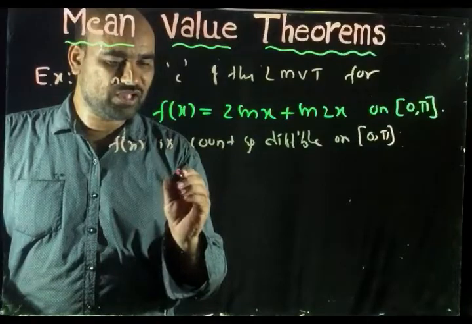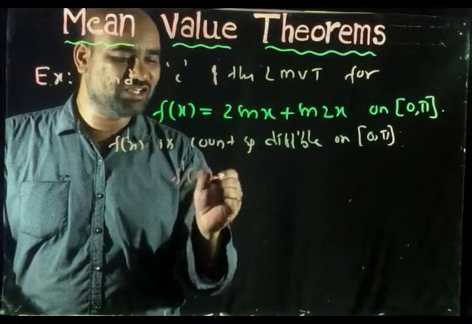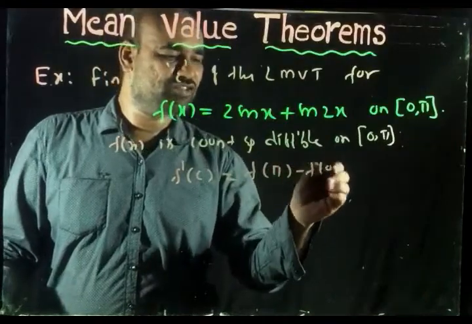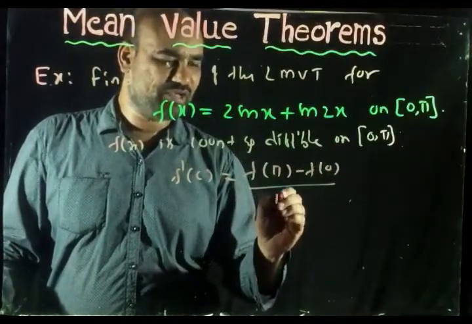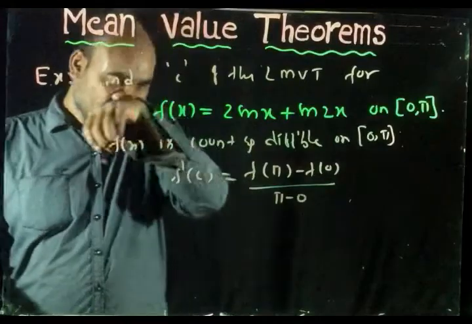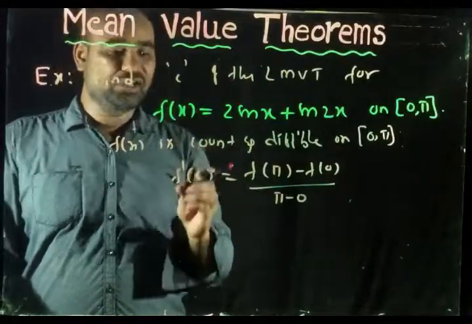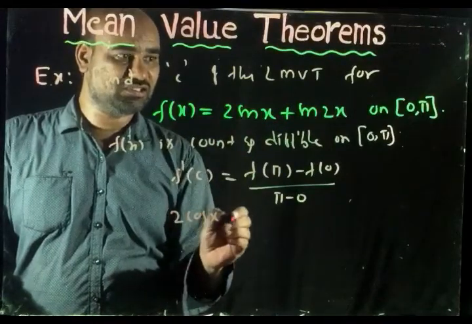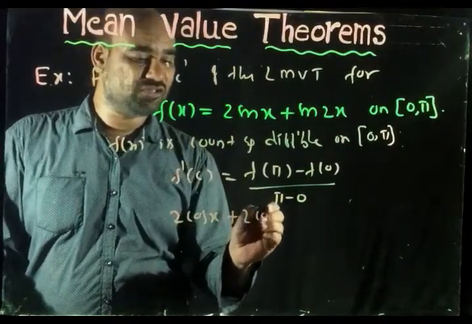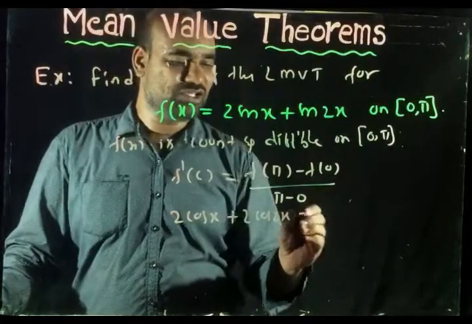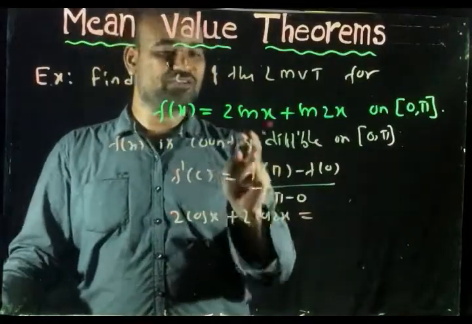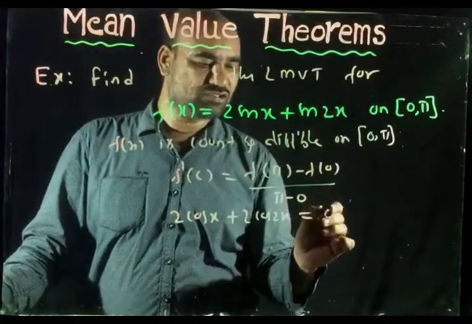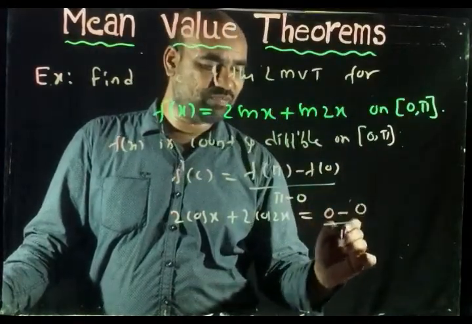So f dash of C equal to f of pi minus f of 0 by pi minus 0. f dash of C means what? 2 cos x plus 2 cos 2x equal to f of pi, substituting 2 sin pi plus sin 2 pi, is 0, minus 0, by pi.